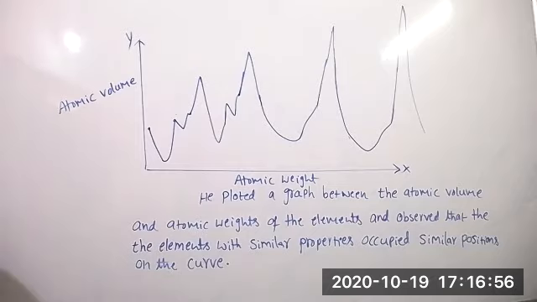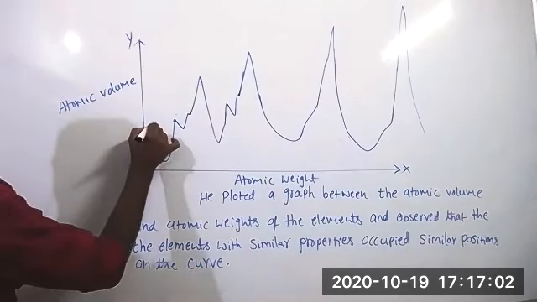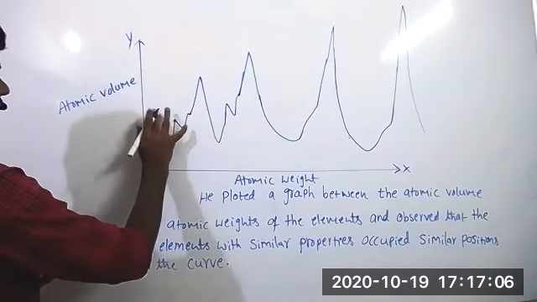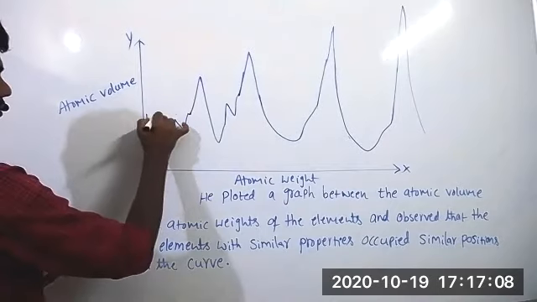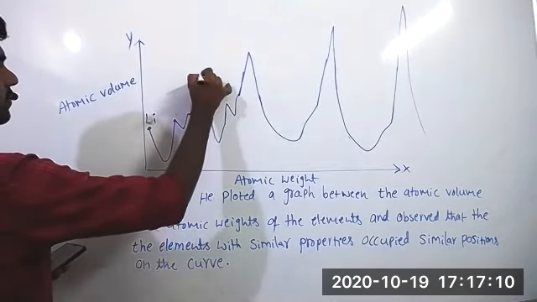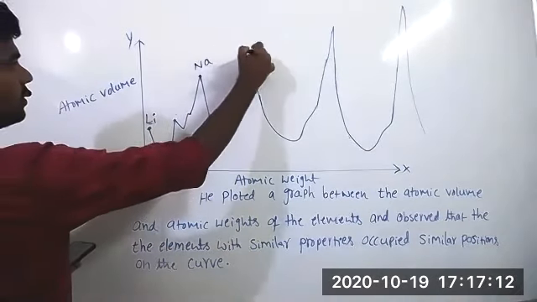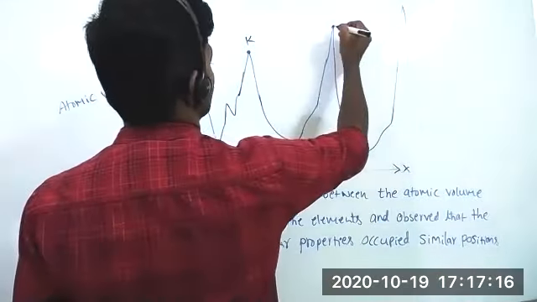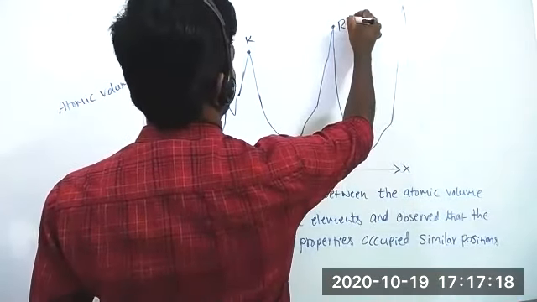Now the position of elements you have to write. This point is for lithium, Li. This is sodium. This point for potassium, rubidium.